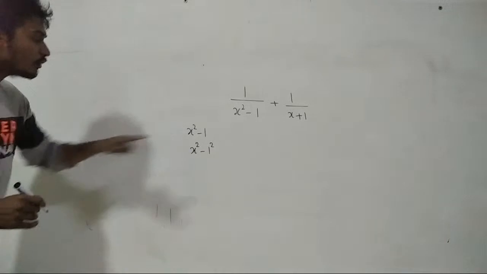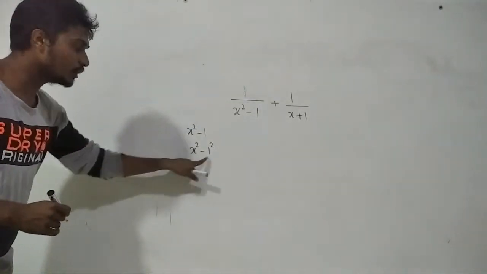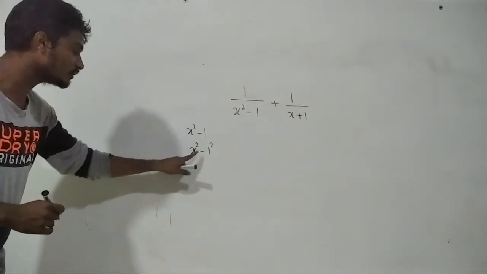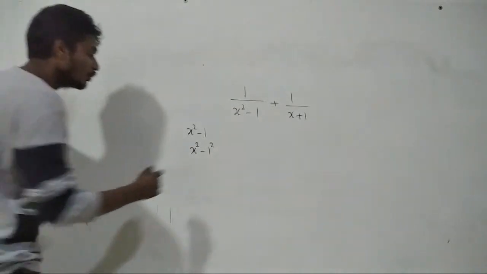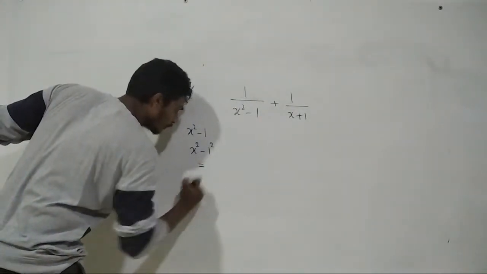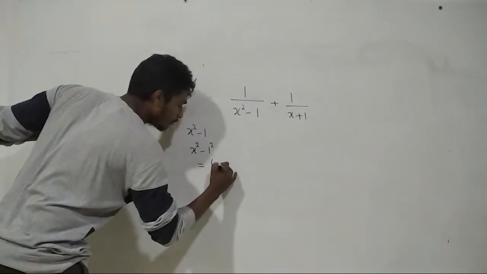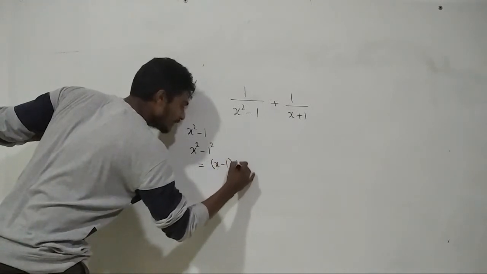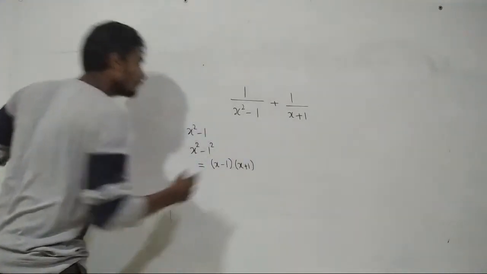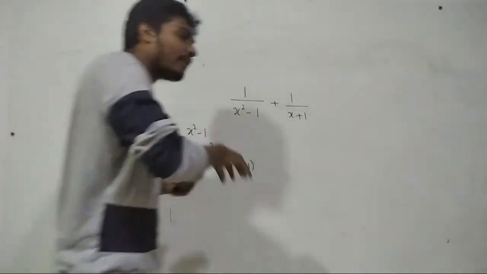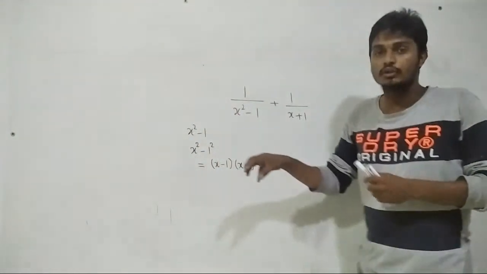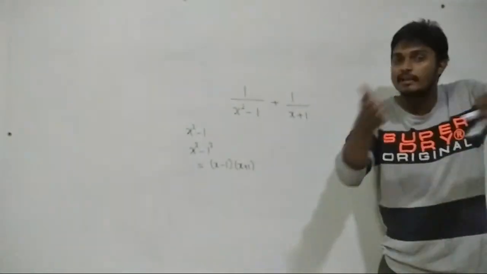So guys, now we have a difference of two squares. If you write this properly, you will have x minus 1 into x plus 1, right? These are facts that we have already learned in the last section.